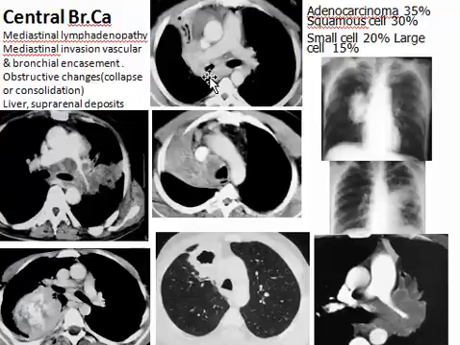Bronchial encasement, here it is reaching around the bronchus. Obstructive changes, here we have atelectasis, and there may be liver or suprarenal deposits.